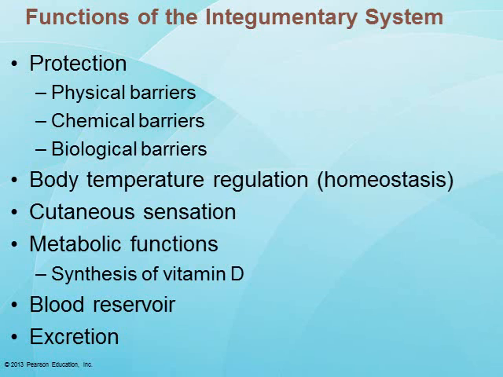That is homeostasis, and that will make your body temperature reduce and go back to normal. And if you have a low body temperature, then the blood vessels inside your skin will constrict to prevent heat going into the environment. At the same time, the hairs will stand up and form a kind of insulation between the environment and you. So your skin is very important to regulate body temperature.